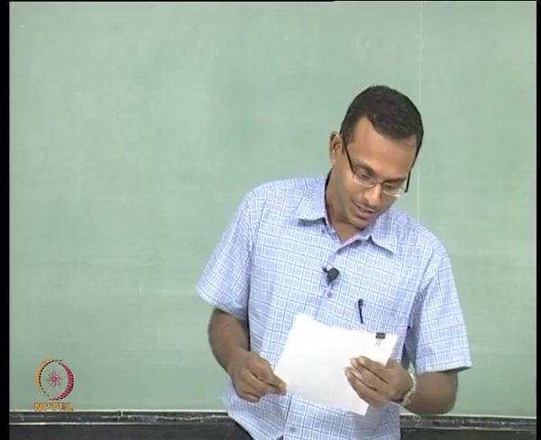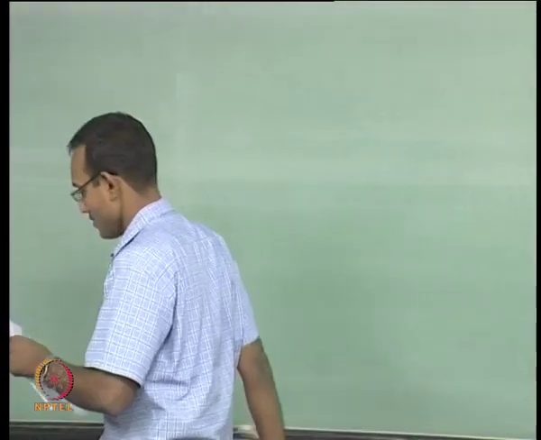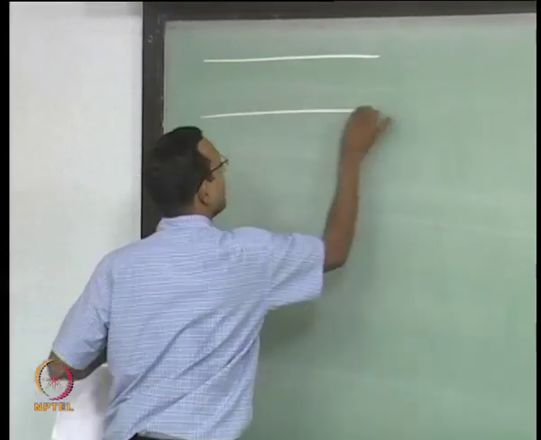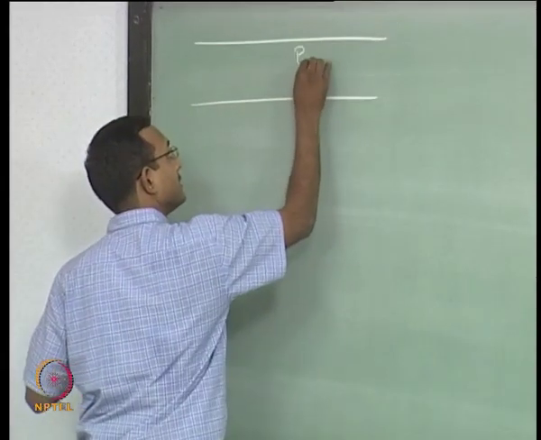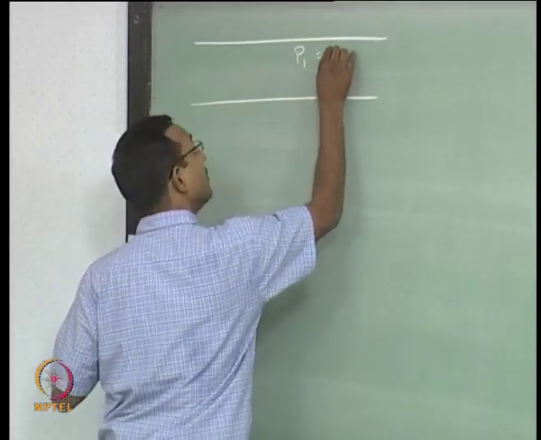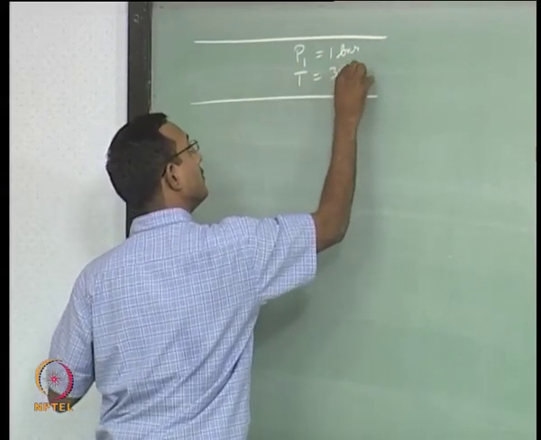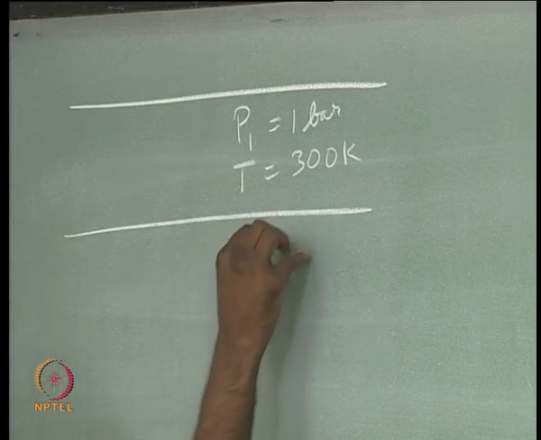So, the first problem we want to solve is this. I have a 1D duct and it has stagnant air, pressure 1 bar, temperature 300 Kelvin, and I said air, so gamma equal to 1.4.